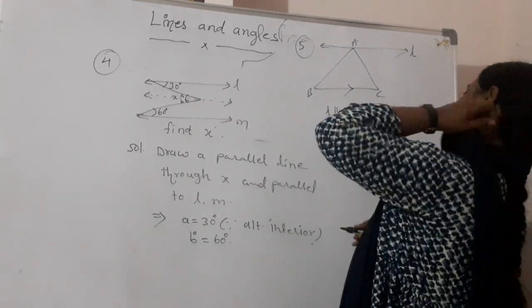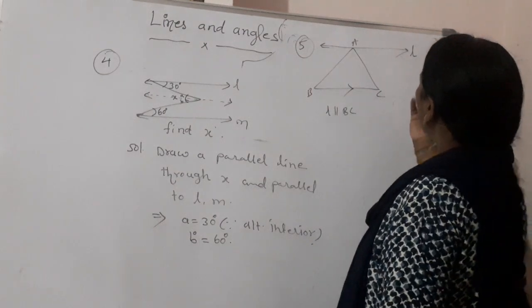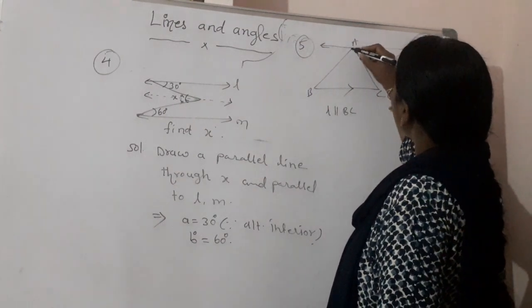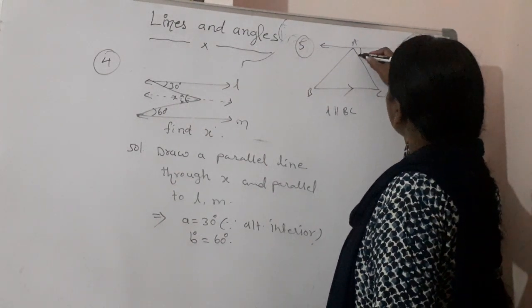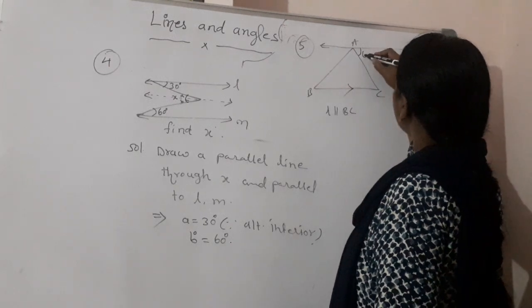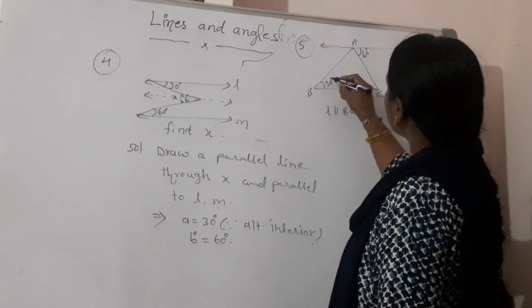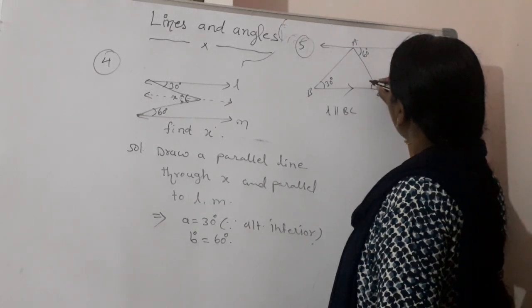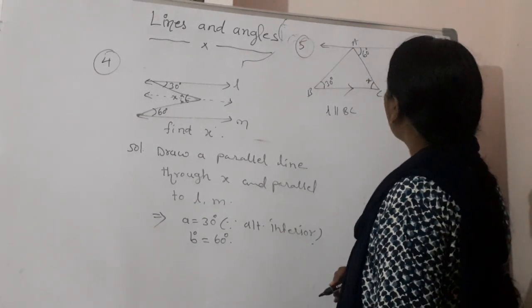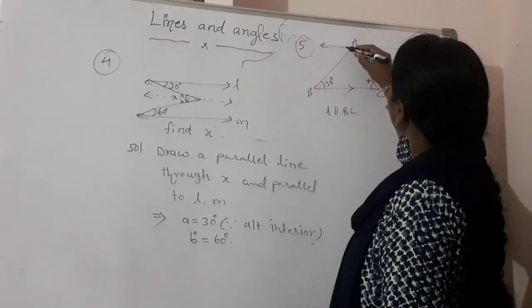They will give some values here. This is 60 degrees. Next here 30 degrees. Any X. Next here Y.